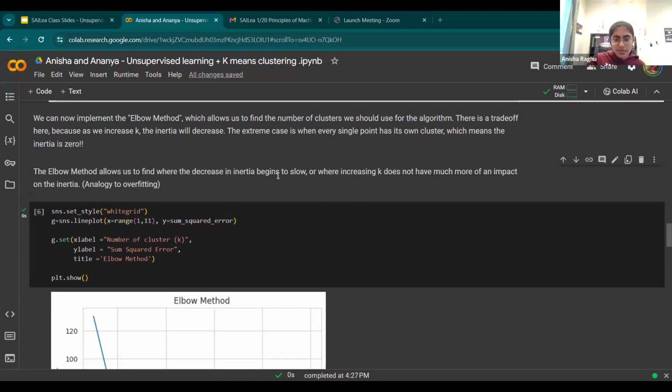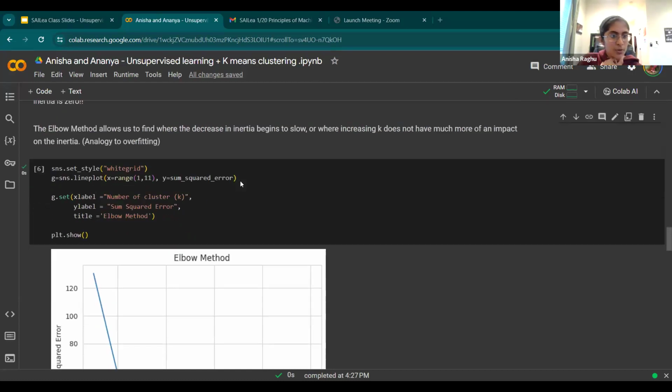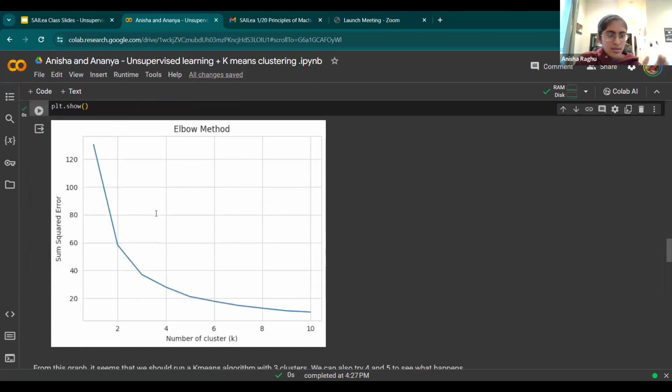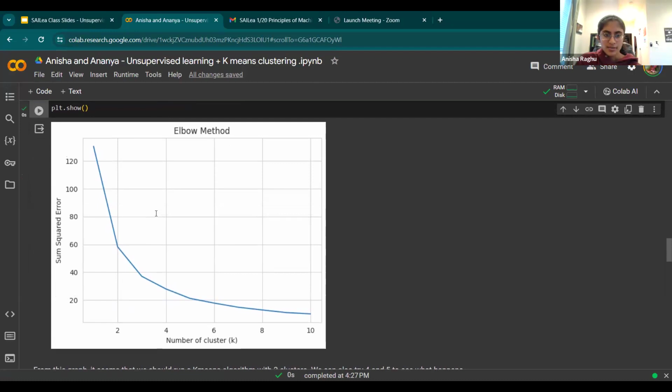Okay, so as I was saying, we're going to be implementing the actual elbow method here. The way we're doing this is by using the Seaborn package, which is typically what we use for these sort of plots. We're simply plotting the sum squared error, or basically the k-means inertia, against the number of clusters on the x-axis.